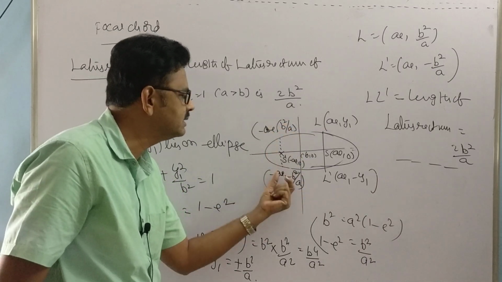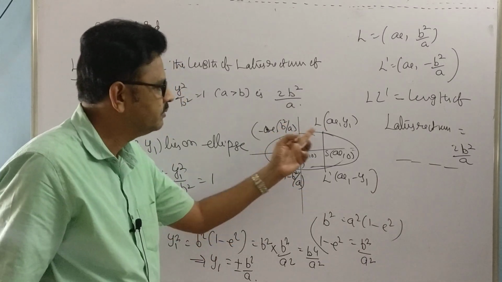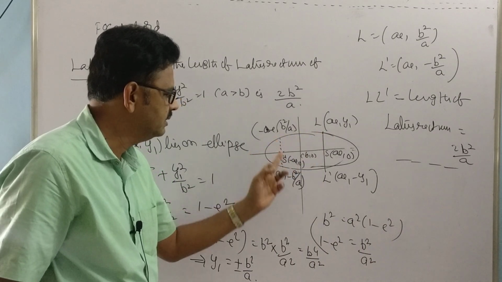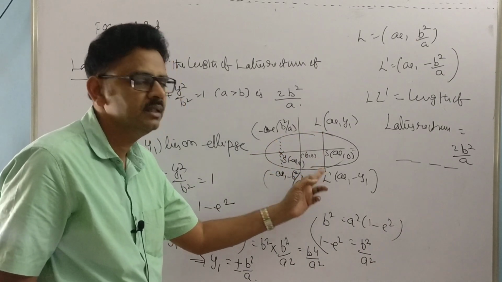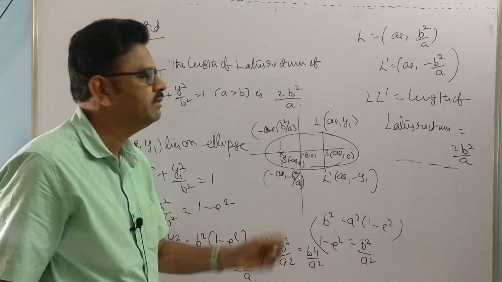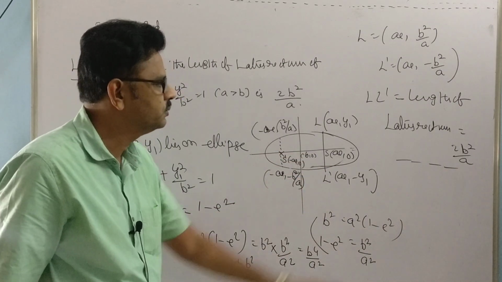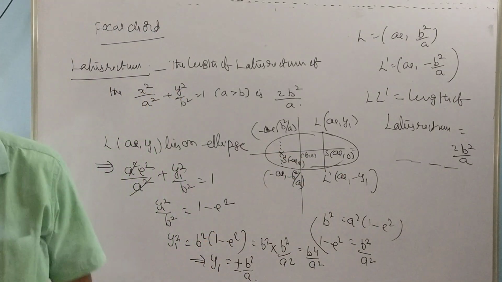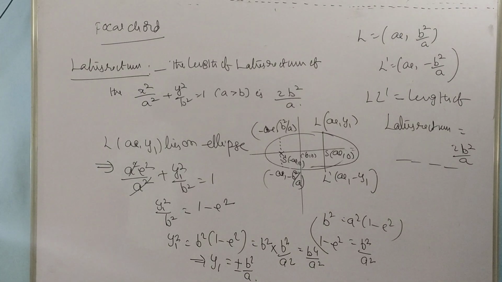These are the ends of the latus rectum, in the first, second, third and fourth quadrants. And the length is 2b square by a. Note these points.